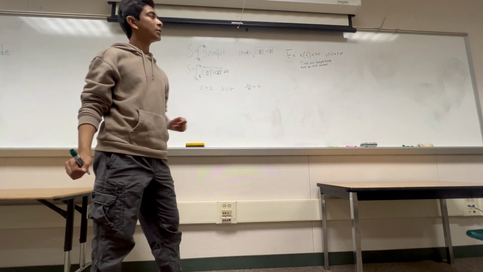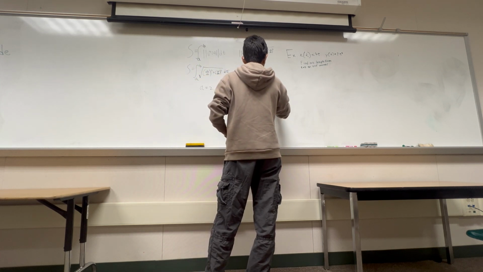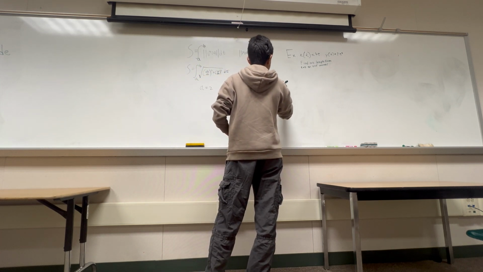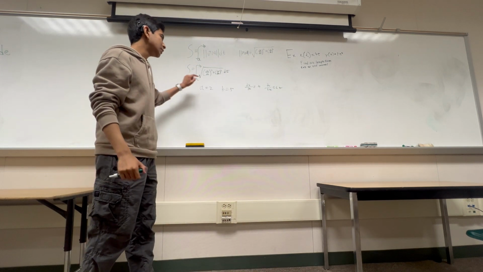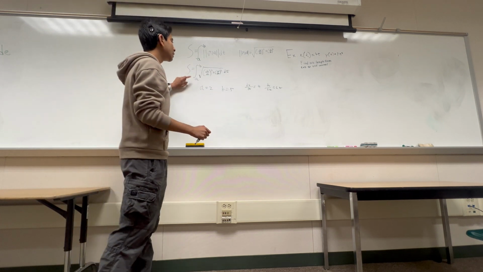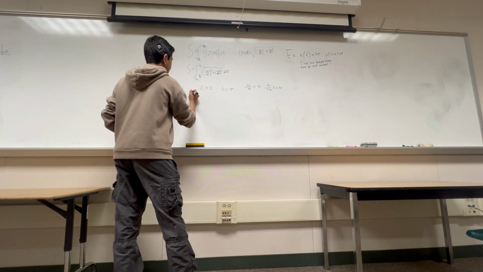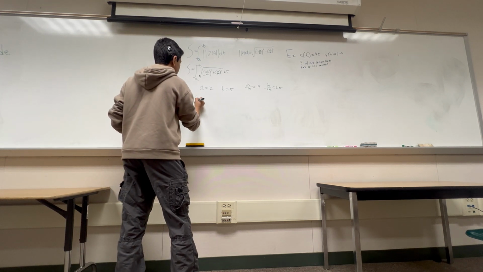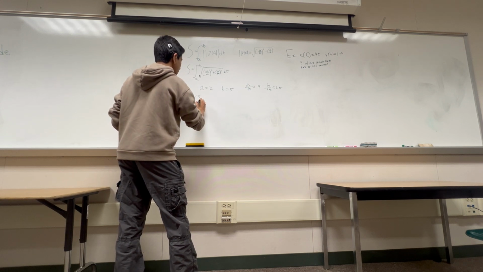For y of t equals 3t squared, we use the power rule, and dy over dt equals 6t. Now we substitute into the arc length formula to find the length of the arc from 2 to 5 of this set of parametric equations.